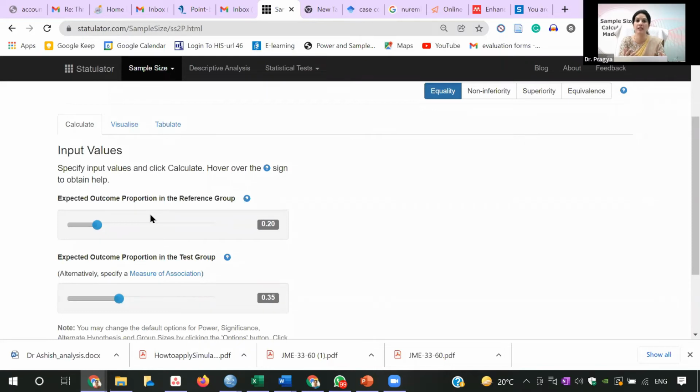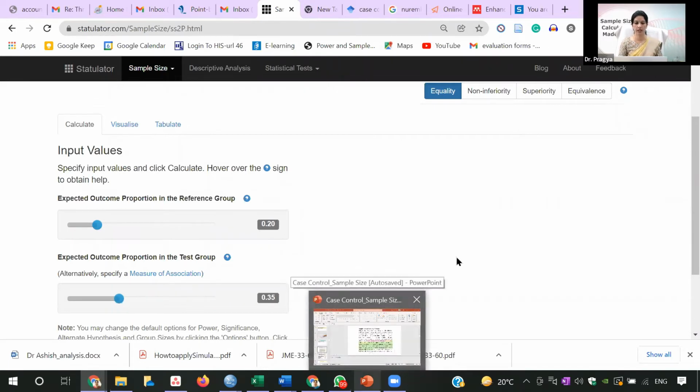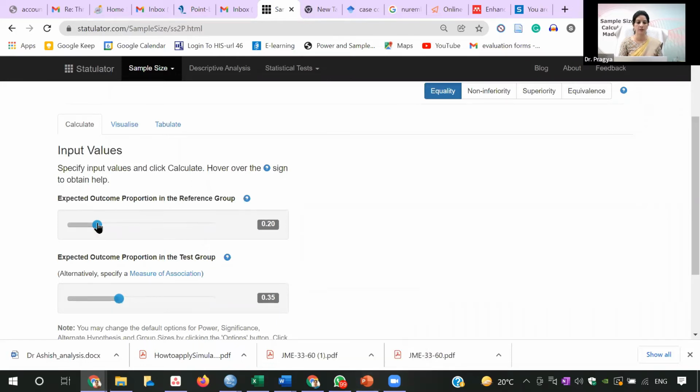That's why it leads to confusion. Otherwise, what is meant is the exposure proportion in the control group. So what was the exposure pattern? It was 9.47, and 21. So I'll put 0.09 here.